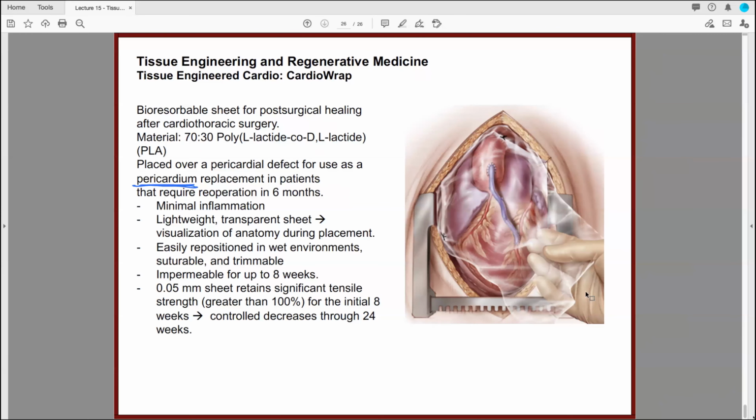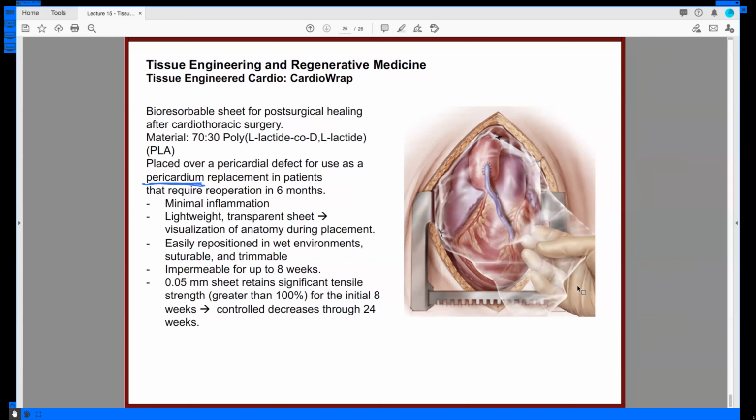Obviously, you can adapt them, so you can trim them down, you can suture them. They remain impermeable up to 8 weeks. And then the sheet itself contains significant tensile strength, greater than 100% for the initial 8 weeks. And then there is a controlled decrease in that strength over the course of 24 weeks, which is a 6-month period, right?